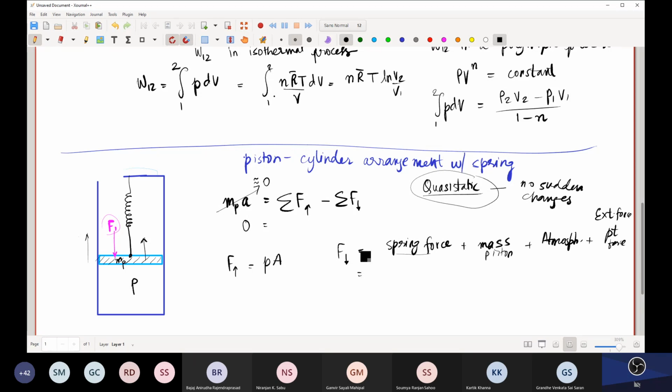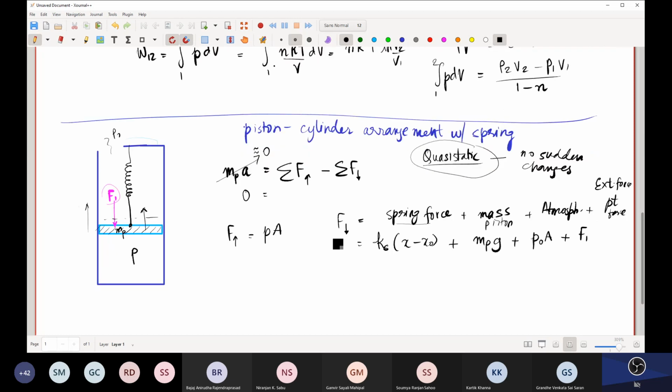So this will be equal to the spring constant of this spring times x minus x naught, plus the mass of the piston times gravity, plus the atmospheric pressure, because this is open to the atmosphere. So there is always atmospheric pressure acting all over the top surface of the piston. So P naught times A, right? And the external point force. This could be any other external force as well.